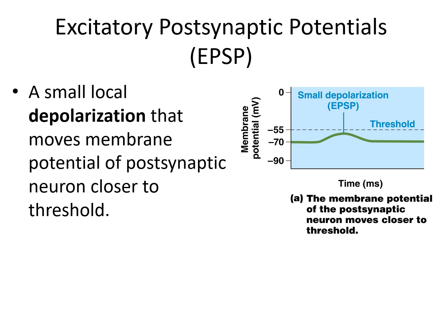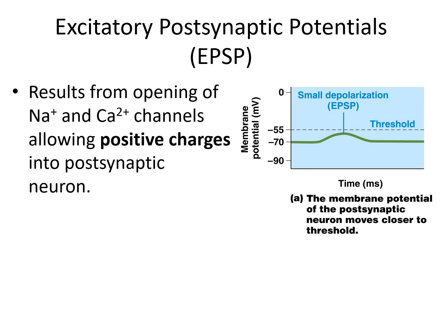Of course, if it doesn't reach threshold, then we know these local potentials will just reverse and go back to the resting membrane potential. Okay. But of course, if it reaches threshold, then this will open up voltage-gated channels to cause an action potential.